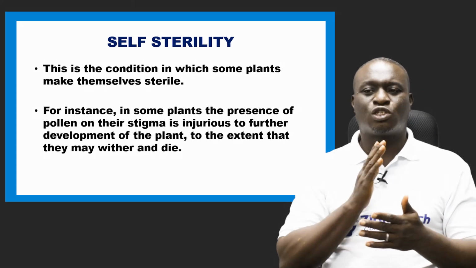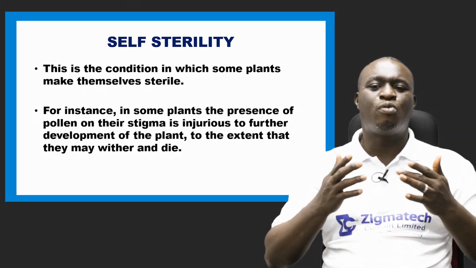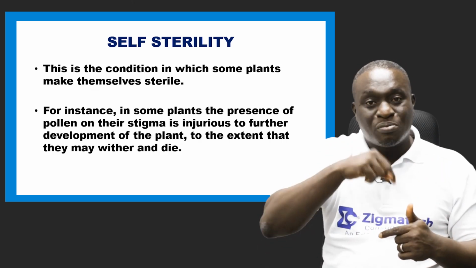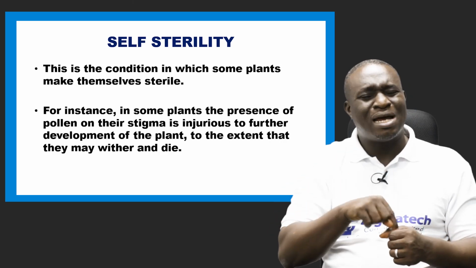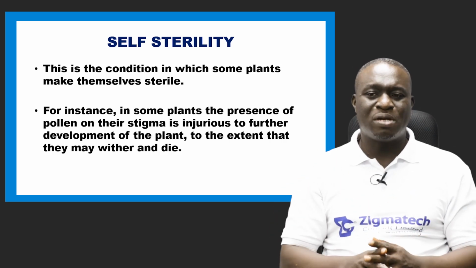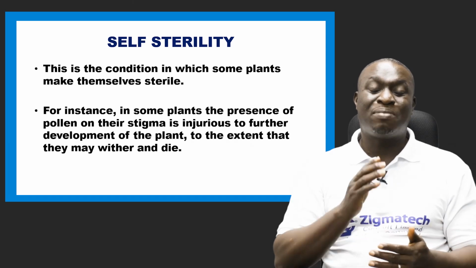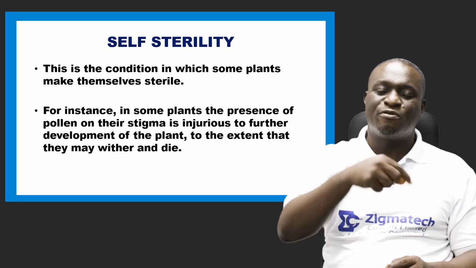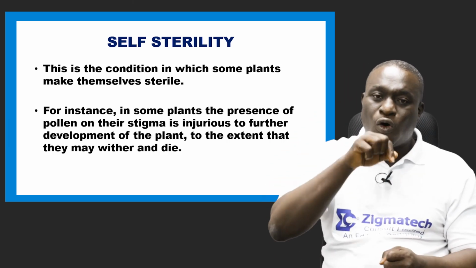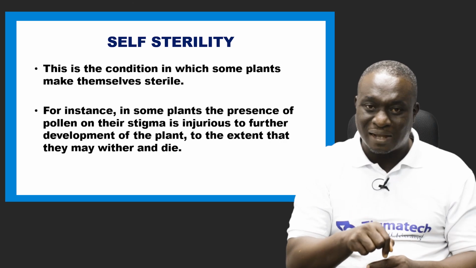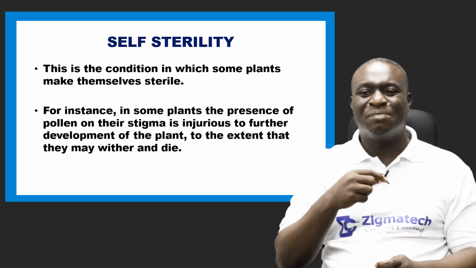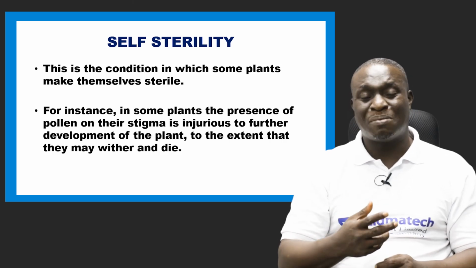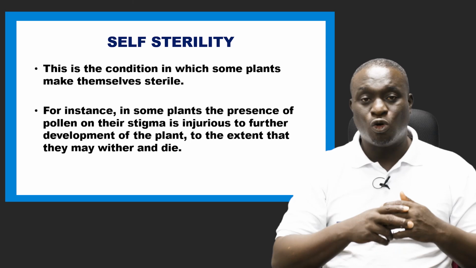For instance, in some plants, the presence of pollen from the same flower on their stigma is injurious to further development of the plant, to the extent that the plant can wither and die. It can bring about a termination.